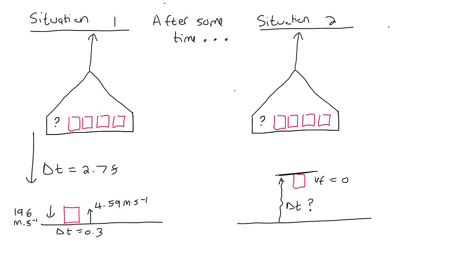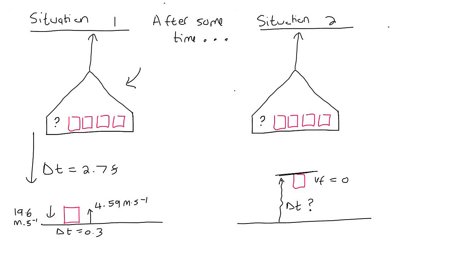Okay, so what we need to realize is that while everything was happening, this pallet was constantly moving upwards at a constant velocity. So it's been moving upwards for how long? Well, we need to try to figure this out.